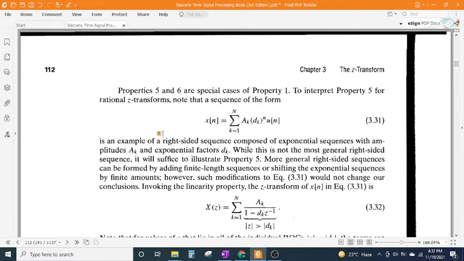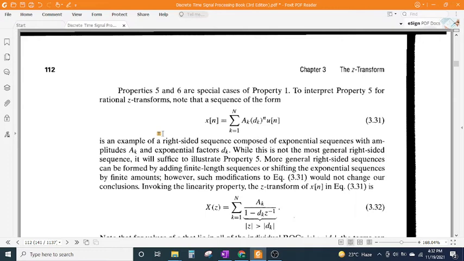That is, the ROC of the Z-transform of a right-sided sum of exponential sequences is |z| > |d_N| equals the max over k of |d_k| equals r_R, Equation 3.33, i.e., the ROC is outside the outermost pole, extending to infinity. If a right-sided sequence begins at n = N1 < 0, then the ROC will not include z equals infinity.